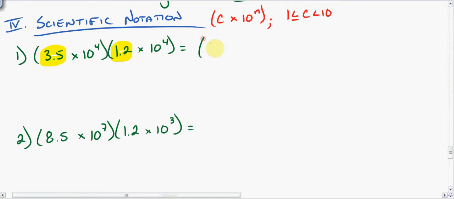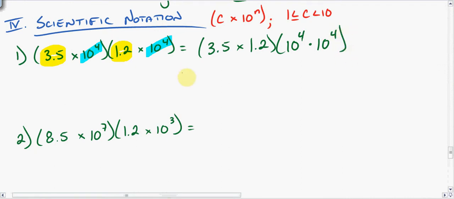So I'm going to group 3.5 and I'm going to multiply that by 1.2. And then I'm going to group these guys, 10 to the 4th and 10 to the 4th. So, straight line there. Alright, so there's 10 to the 4th times 10 to the 4th. So I'm going to multiply 3.5 times 1.2.